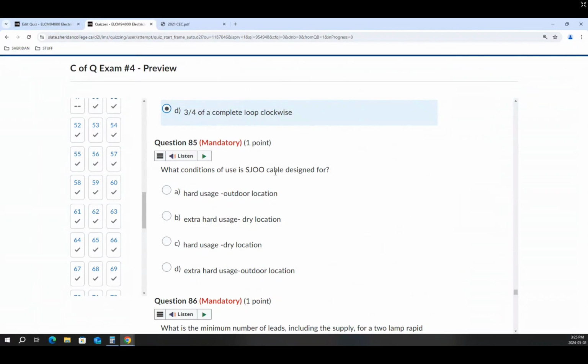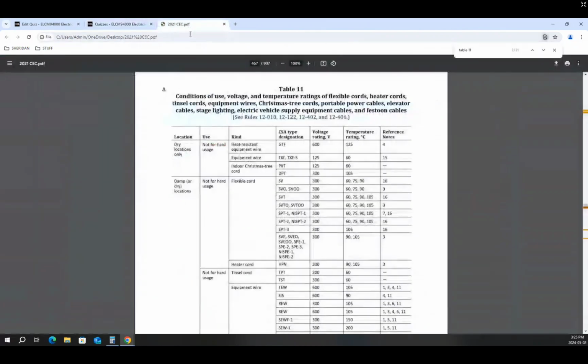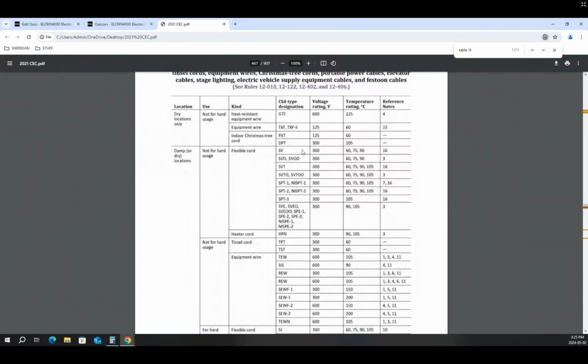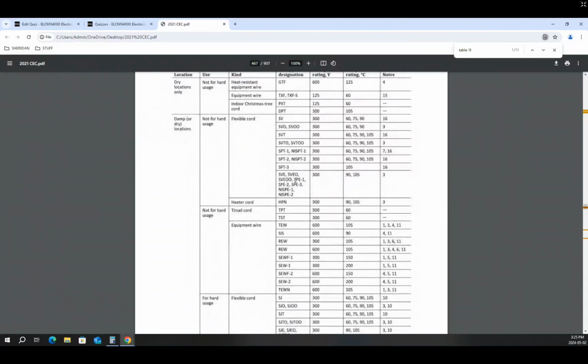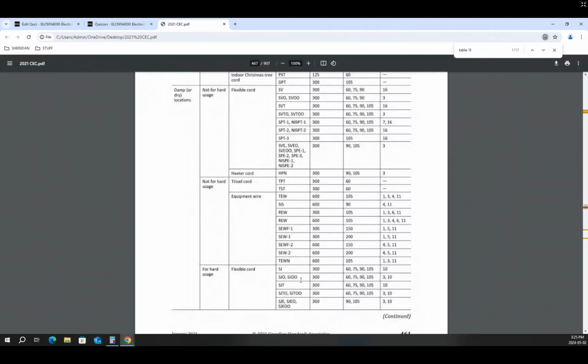So I'm looking for SJOO. SJOO for hard usage.